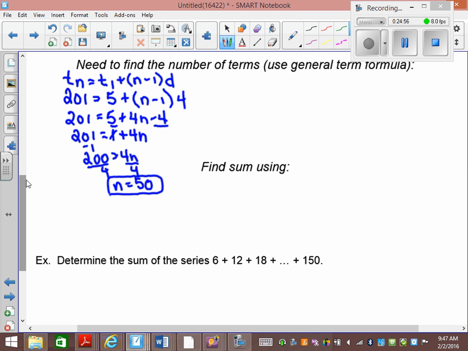So now we know n is 50, and we can find the sum. You could use either formula because you do know d, so you can use the first one. However, the second one is simpler, so why not? So Sn equals n over 2 times (T1 plus Tn).